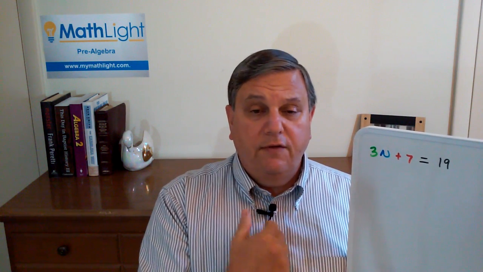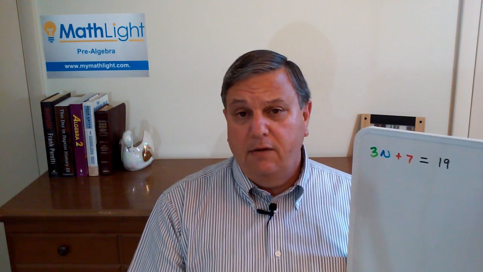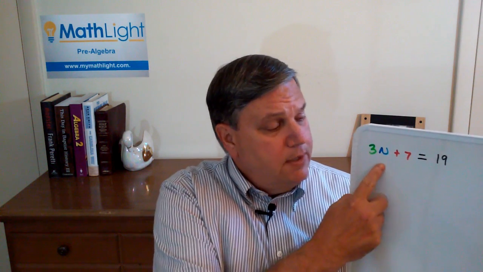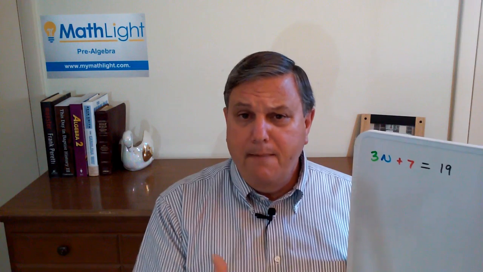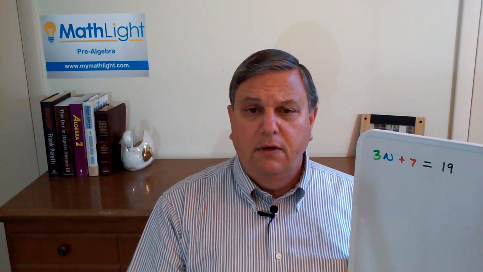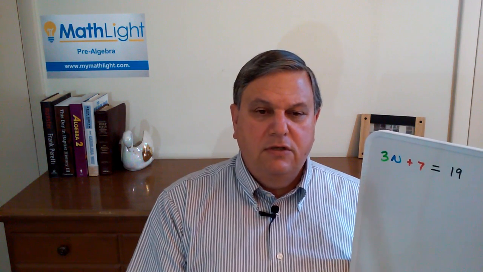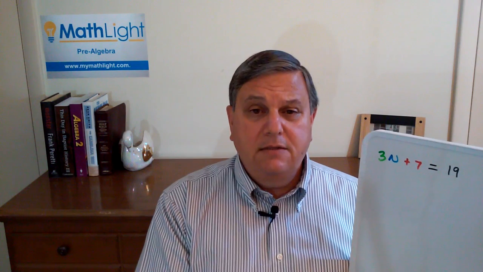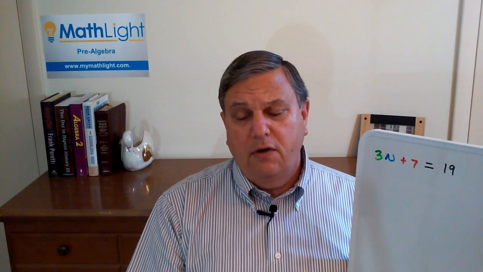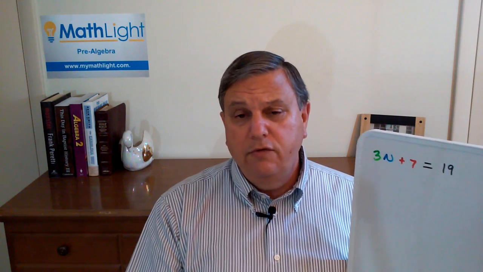Because I would have taught them that things added to the variable are moved by adding their opposite to both sides, and quantities multiplied times the variable are moved by multiplying both sides by the reciprocal, once we have both, this is what I drive into their heads. I say, now students, if you have quantities both added to and multiplied times the variable, which quantity do you move first?